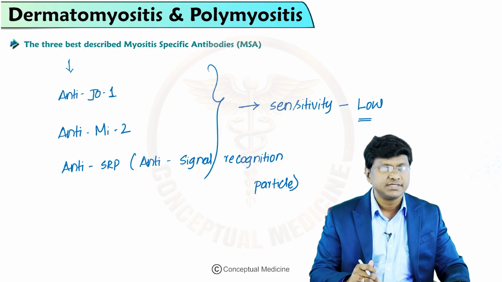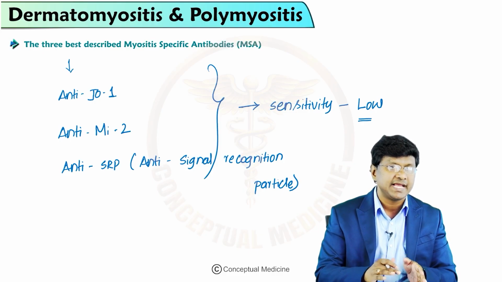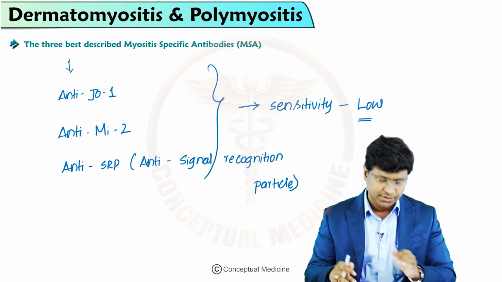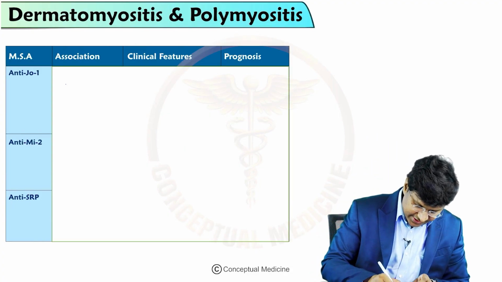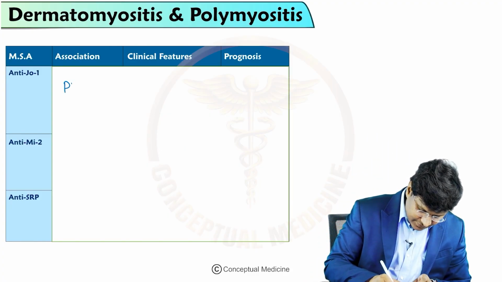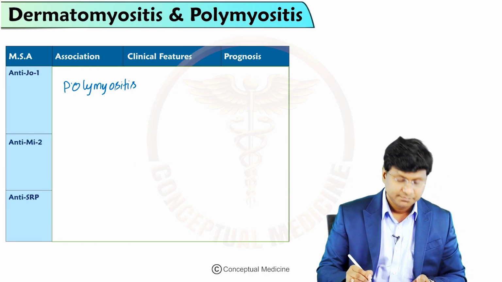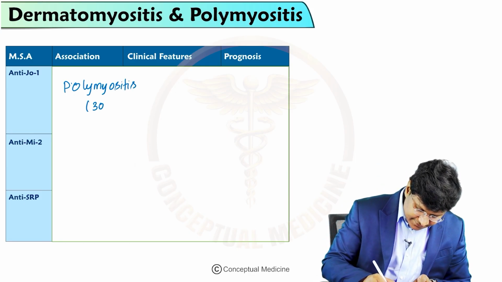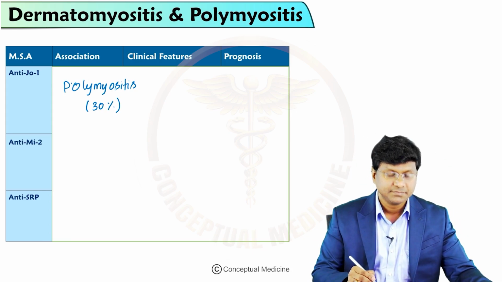Now let me discuss the involvement of these antibodies and their association with clinical features. So you take the anti-Jo1 antibodies. Anti-Jo1 antibodies are seen in polymyositis. And the sensitivity is 30%.